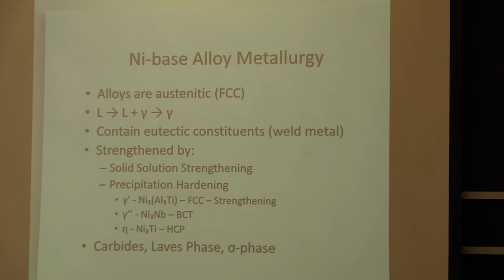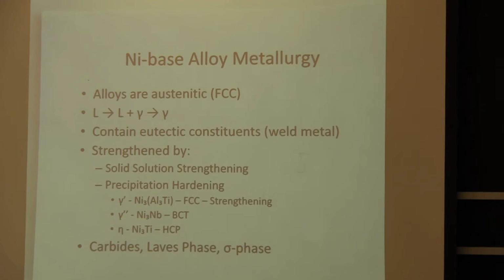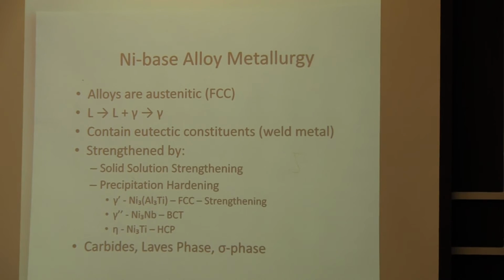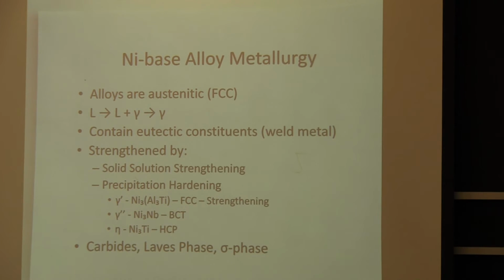Another one is gamma double prime, which is a nickel niobium body-centered tetragonal, which is what BCT stands for. That just has to do with the way the atoms are lined up in the lattice of that precipitate. And then there's another one called eta phase, which is a nickel titanium carbide precipitate, and that's hexagonal close packed, which is another lattice structure that you may have heard of.